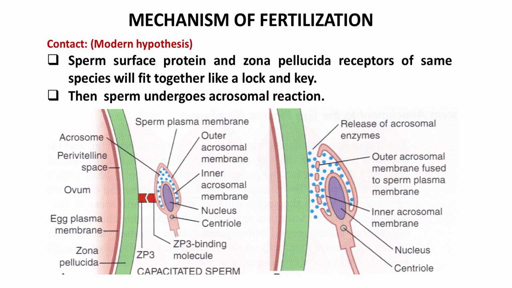releasing its acrosomal enzymes. How are these acrosomal enzymes released and what kind of reaction takes place? The zona pellucida layer of the ovum is layered with hyaluronic acid, and it forms an impermeable layer for the incoming sperms.